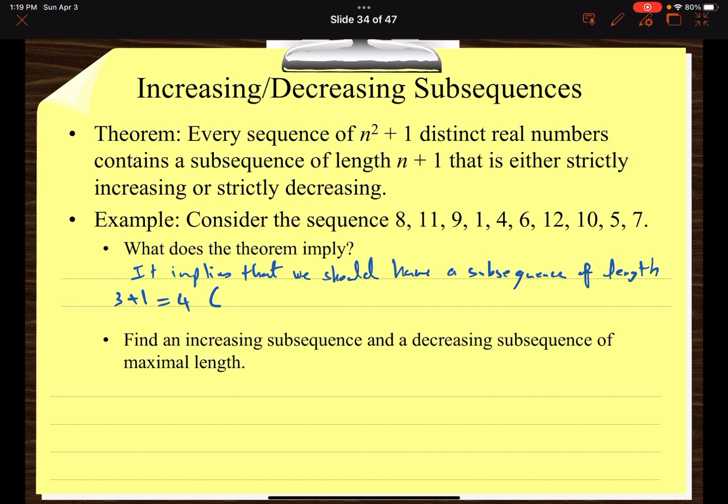My original sequence consisted of 3 squared plus 1 distinct numbers, right? So it implies that we should have a subsequence of length 4 that is strictly increasing or strictly decreasing.